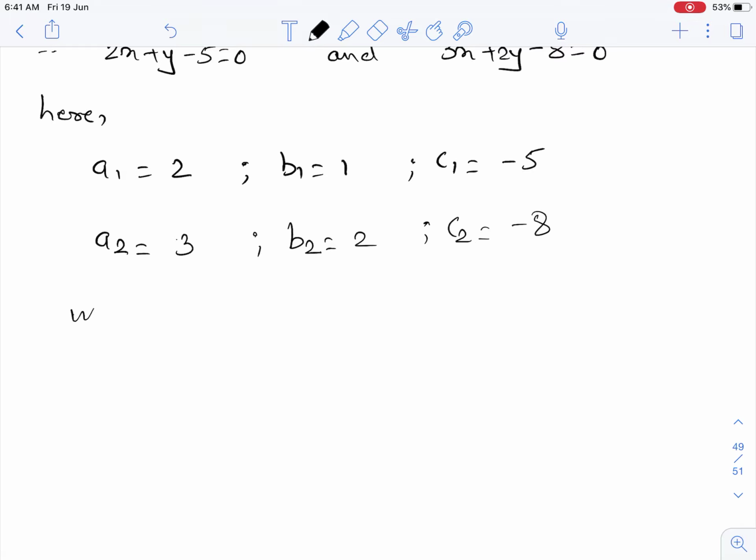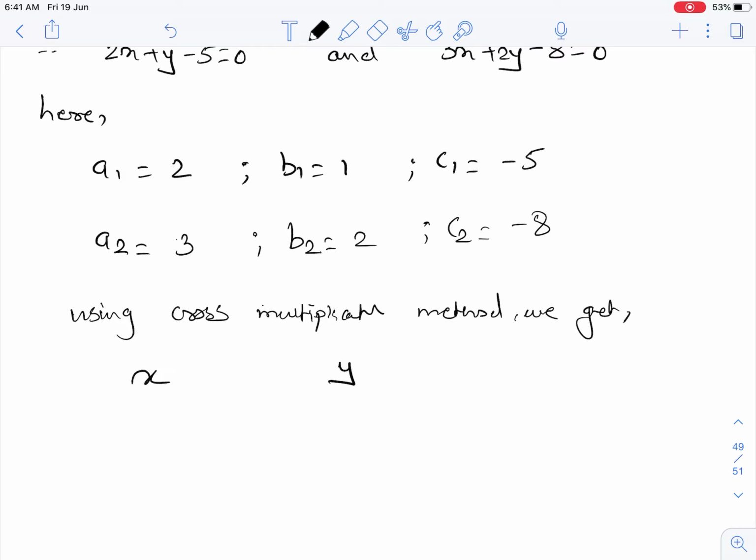So using the cross multiplication method we get, now what is cross multiplication? First we have to write in this way x, y and then 1, then we have to write in this way b1, c1, a1, b1, that is b, c, a, b.